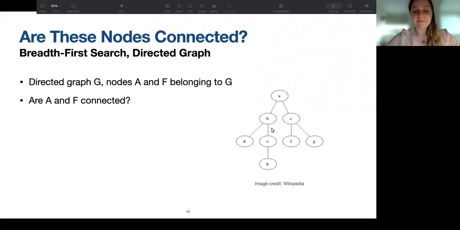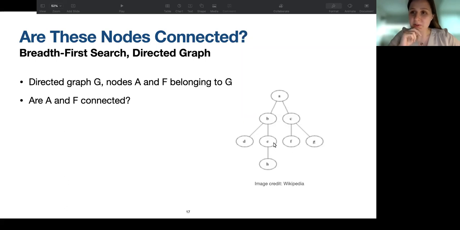So there are two different ways of how you can approach solving this problem. And these are called breadth first search and depth first search, quite famous algorithms for traversing graphs. So let's look at this little graph, which I have here on the right side. Let's say that we want to answer whether node A, which is at the very top, is connected to F, which is at the bottom.